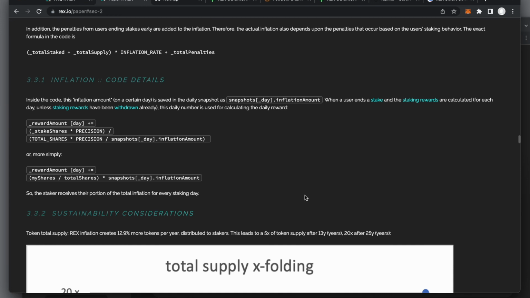So this is what I was saying before. The contract keeps track every day of how many rewards you got in a little snapshot, and when you go to withdraw your stake, as long as you haven't already withdrawn some of these rewards, it will add up all of the days and will give you back a lot more money than you put in. So the staker receives their portion of the total inflation for every staking day.